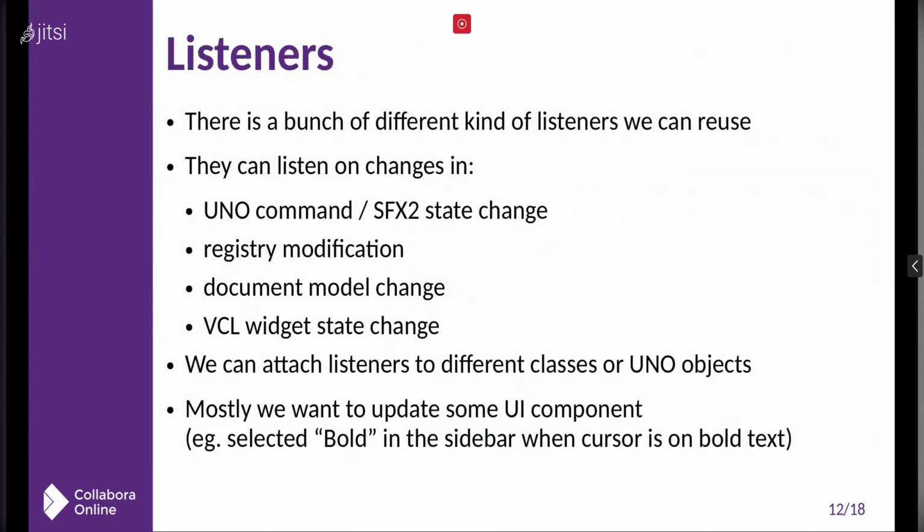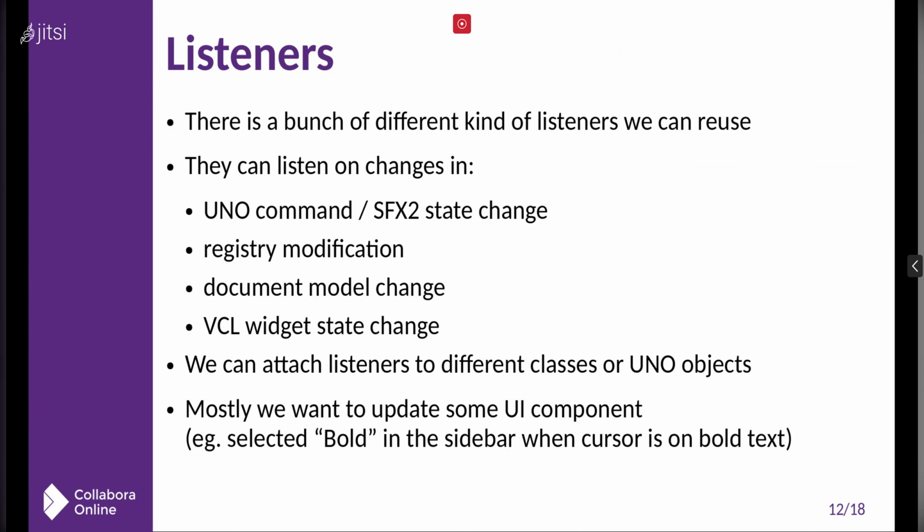Oh, I see that I reordered the slides. Yes, so we have different listeners for different cases. For example, some of them can listen for command state update or SFX2 slot update, for document model change or VCL widget update. We can also attach listeners to different classes.